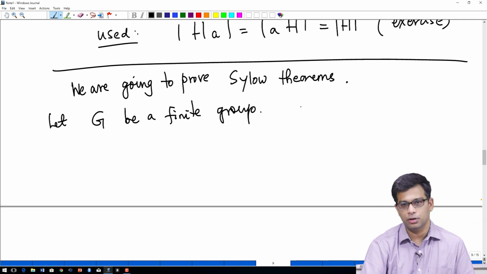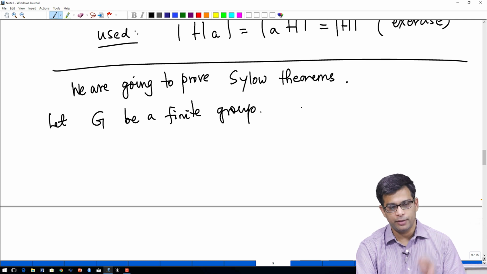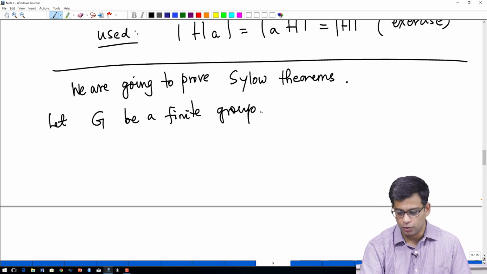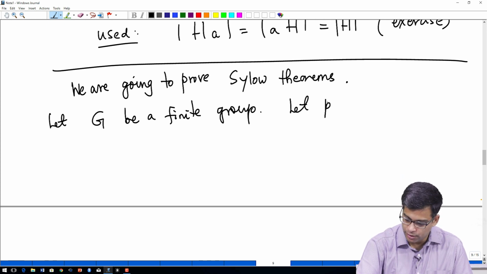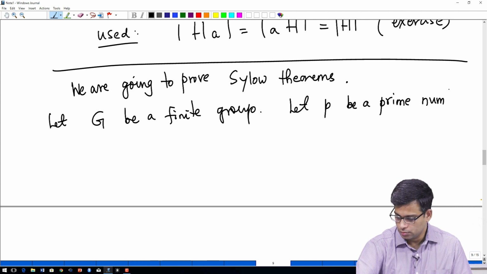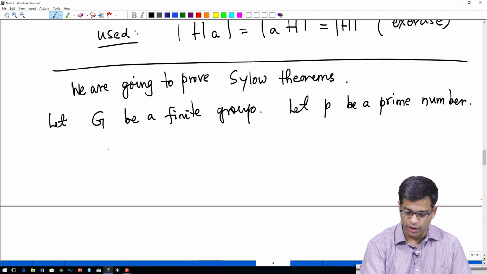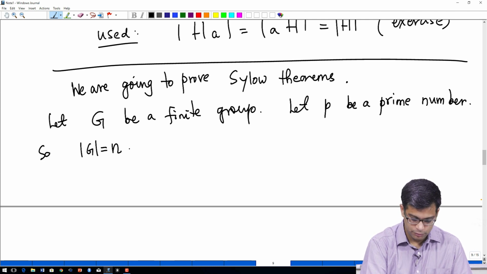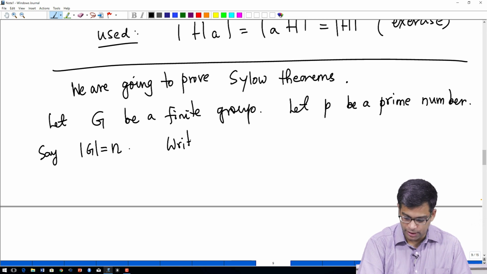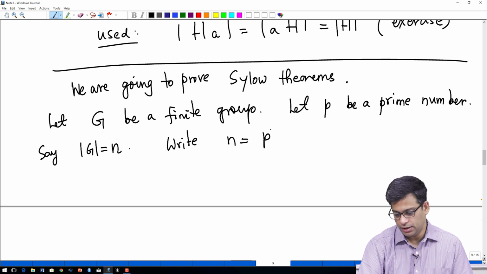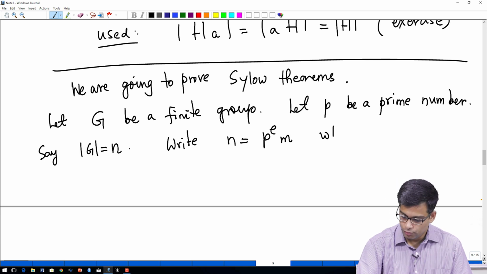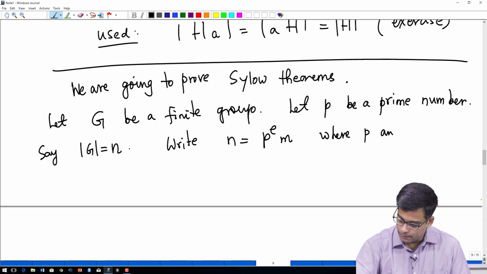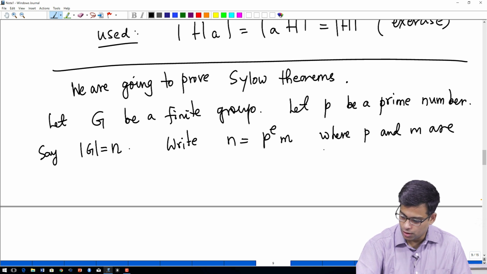Sylow theorems are very important theorems to understand something about finite groups. So we understand this in the following way. Let p be a prime number. Suppose the order of G is n. We are going to write n as p^e times m, where p and m are co-prime.